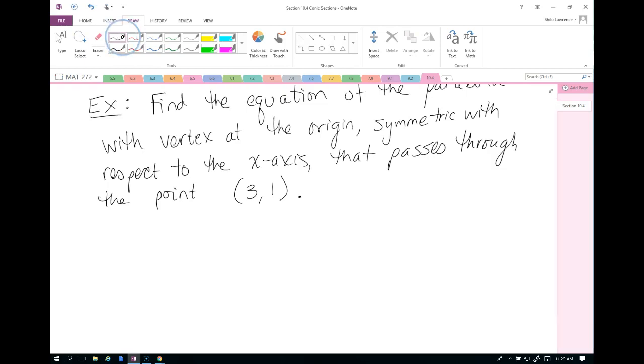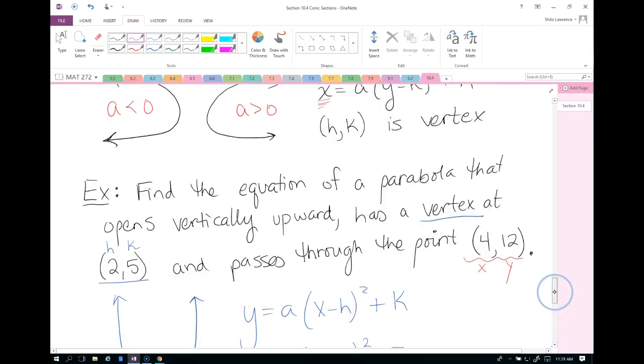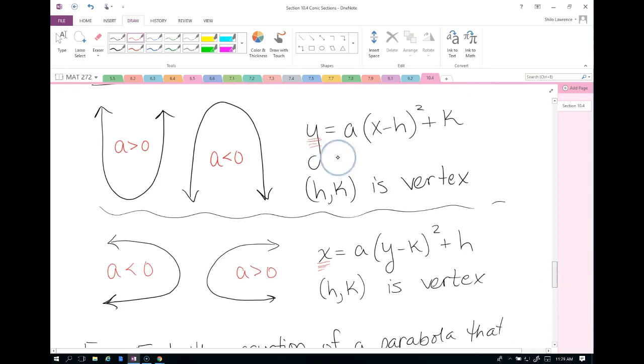So if the vertex is at the origin, that means (h, k) is (0, 0). It is symmetric with respect to the x-axis. So let's go back and look at what our options were. Symmetric with respect to the x-axis. The x-axis is the horizontal axis.